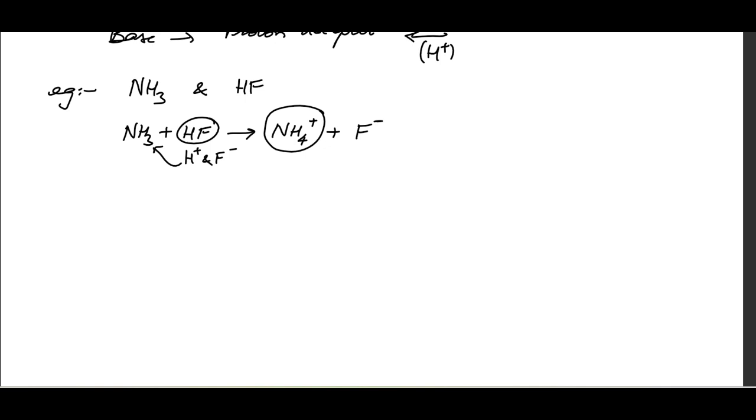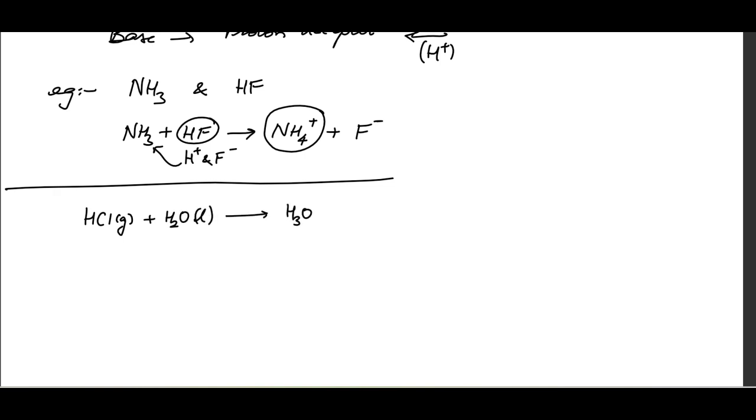We already discussed that HCl, which was a gas initially, when dissolved in water, HCl plus H2O liquid, dissociates into H3O plus, which is the hydronium ion, and chloride ion. This was understood in the Arrhenius concept also.